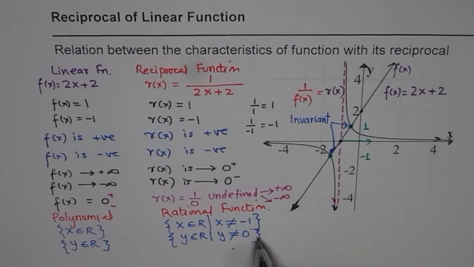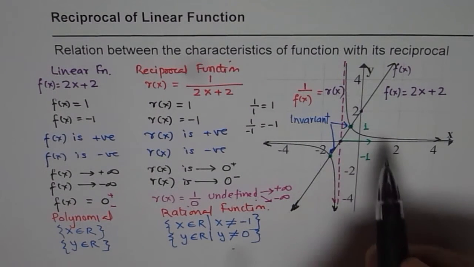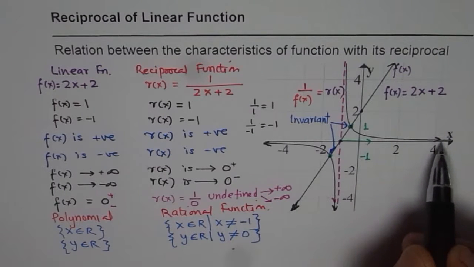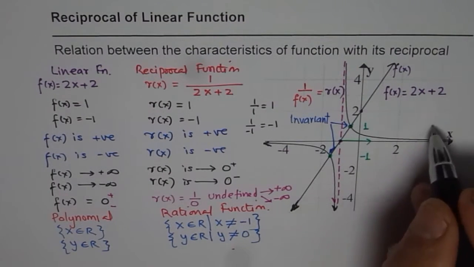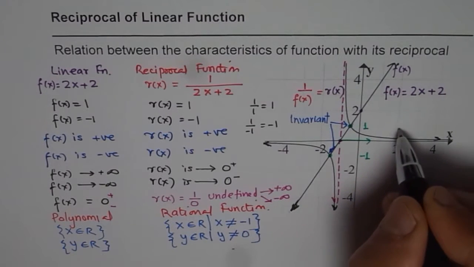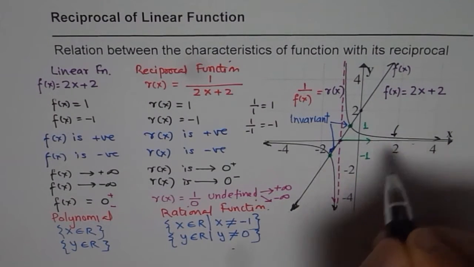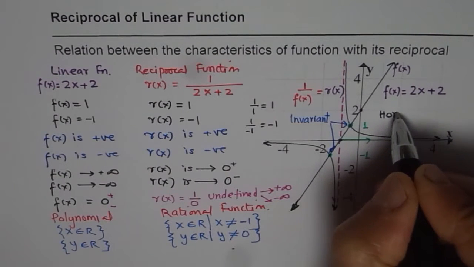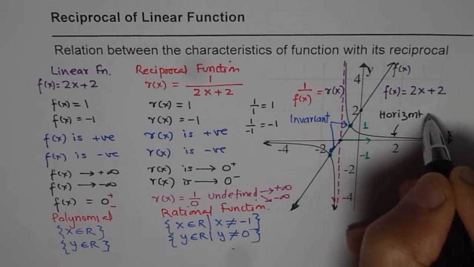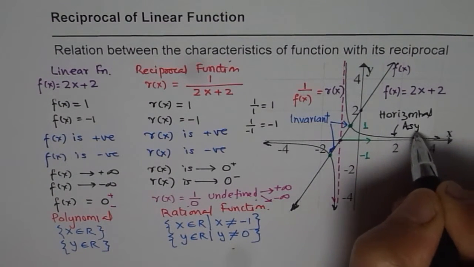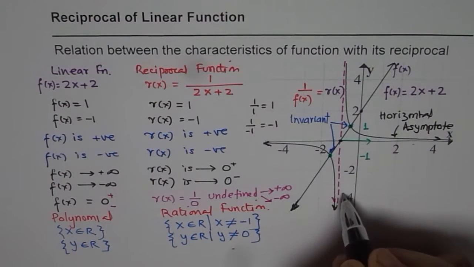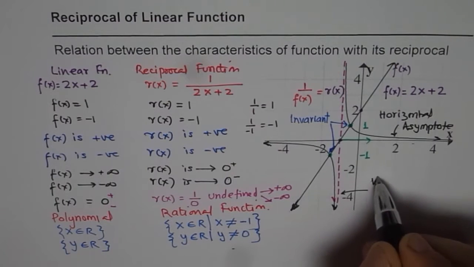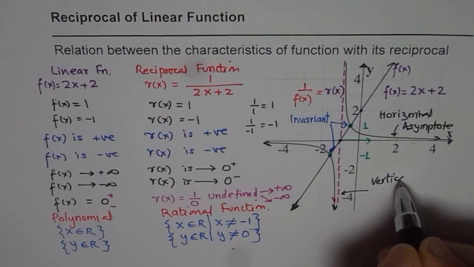And two other things which you find in reciprocal functions are, it is approaching, it is not there. Do you understand? So when it approaches horizontally at this point, we call this a horizontal asymptote. And when it is approaching vertically, we call that a vertical asymptote.